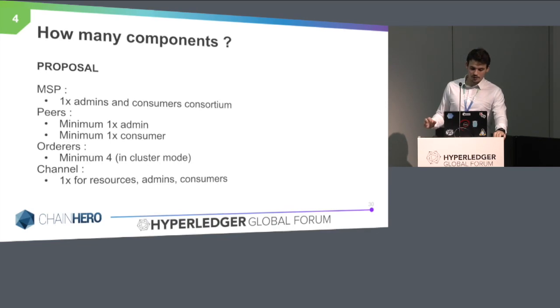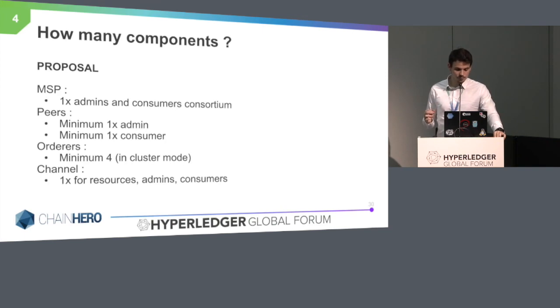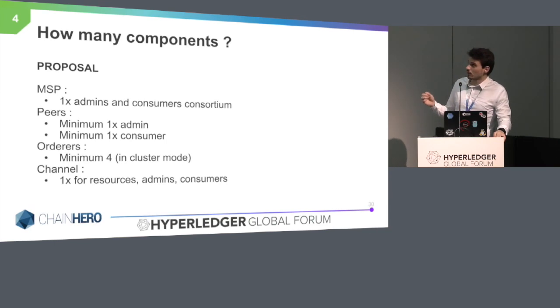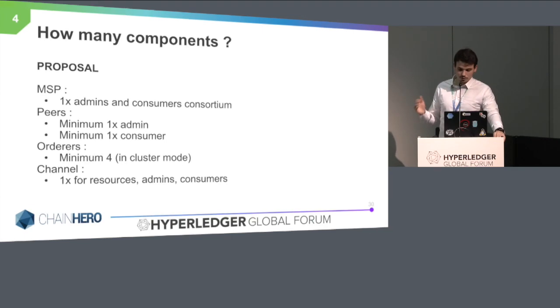So the company only uses one membership service in order to manage certificates for admin users and consumers. There are some peers. We can say that there is one peer for each actor, for each admin or consumer.